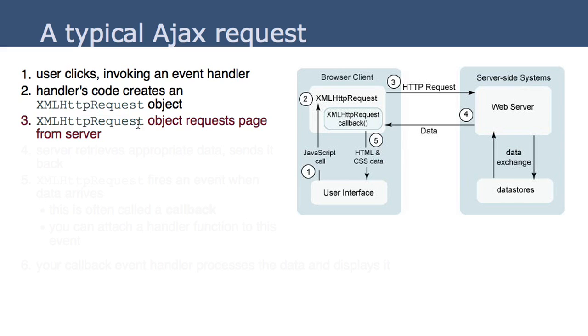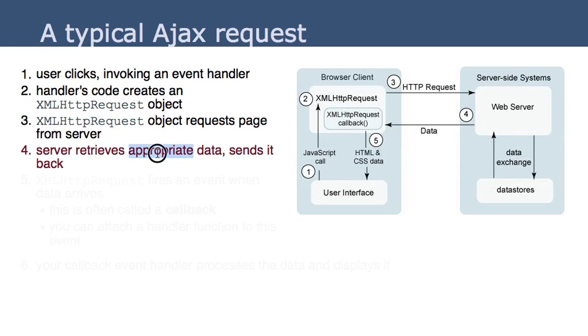because there's a little bit of lag in between when you make the request and when the server responds. Typically, it's short, 20, 30 milliseconds. But it could be pretty long. Maybe the server's kind of bogged down and it's taking a while to respond. It might take a second or two to respond. So the XHR object requests the page from the server.